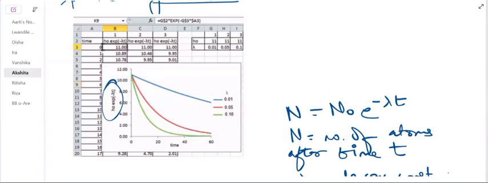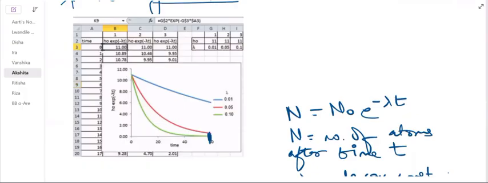Correct? Yes, ma'am. Okay. So that means what? The half-life of green is very low in comparison to red, because you have to collect the total time. In half the time, how much it got degraded, that will be the half-life of that particular element.